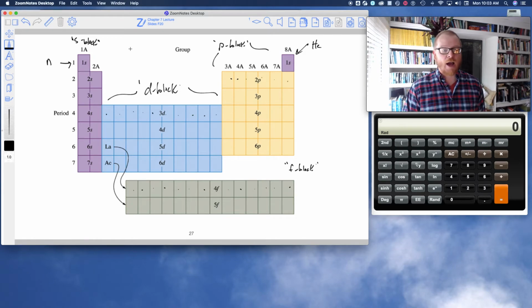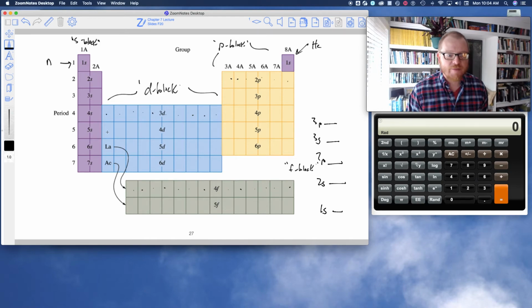And then check it out. This order goes 1s to start, okay? And then next is 2s, and then look, next is 2p, and then 3s, and then we keep scanning across, and then 3p, and then 4s, and then now look, it goes 3p, 4s, 3d, 4p, 5s, 4d, 5p, 6s.